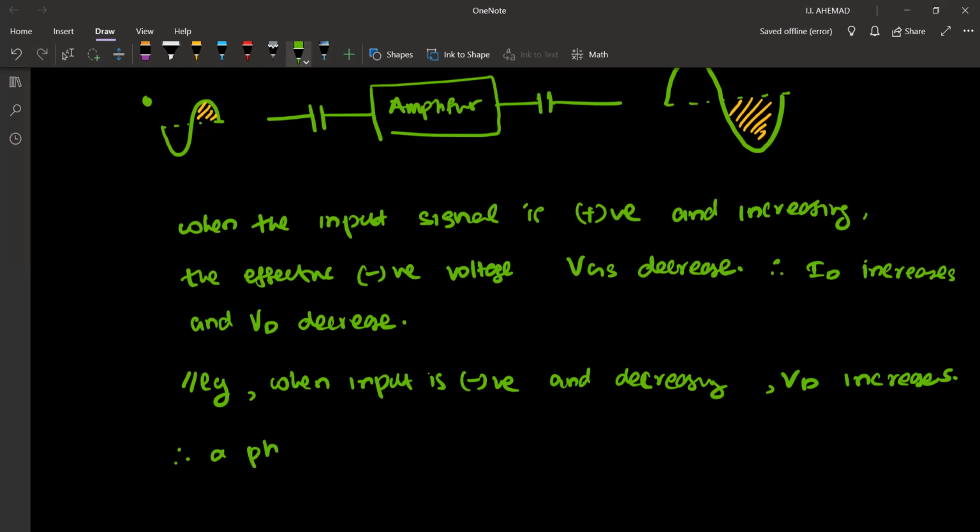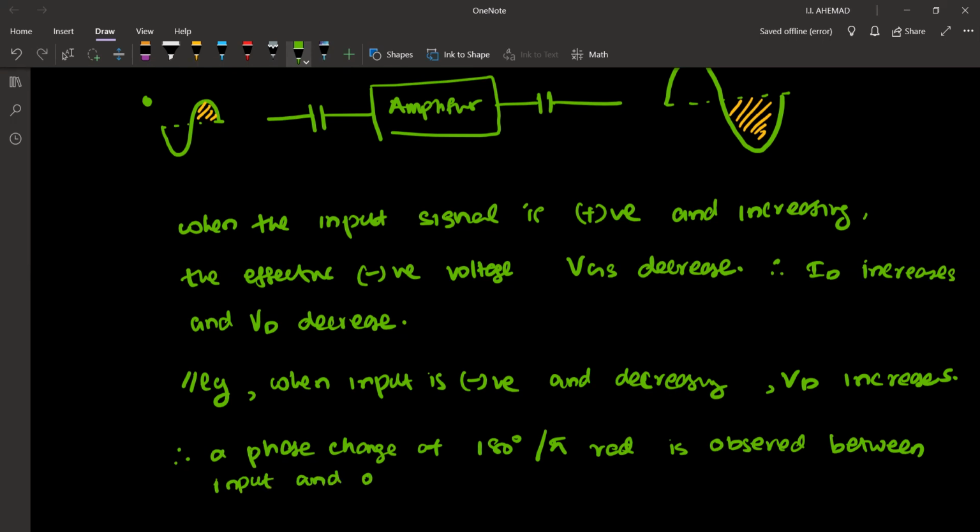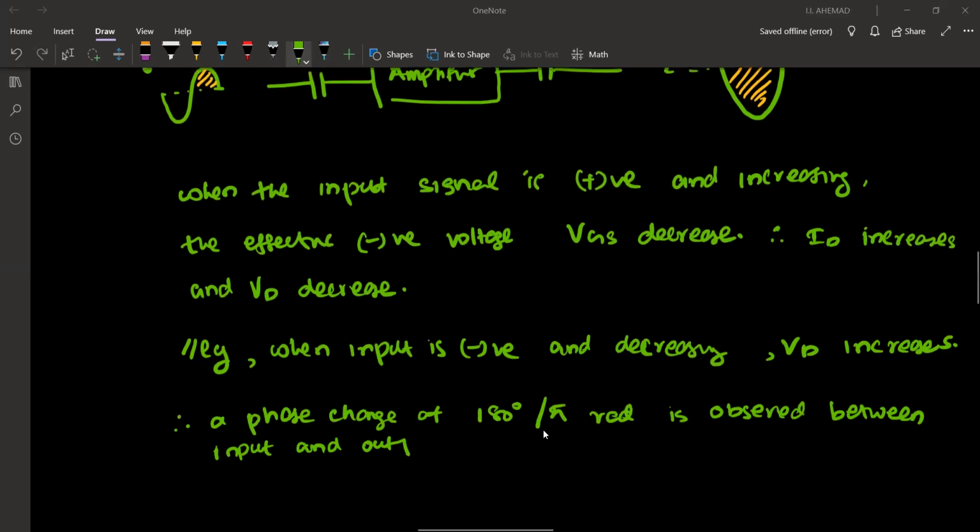Therefore, a phase change of 180 degrees or pi radians is observed between input and output. Okay, done.